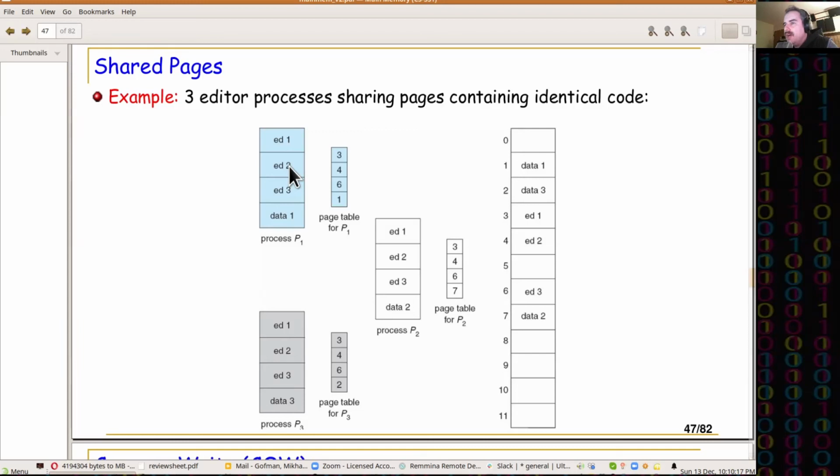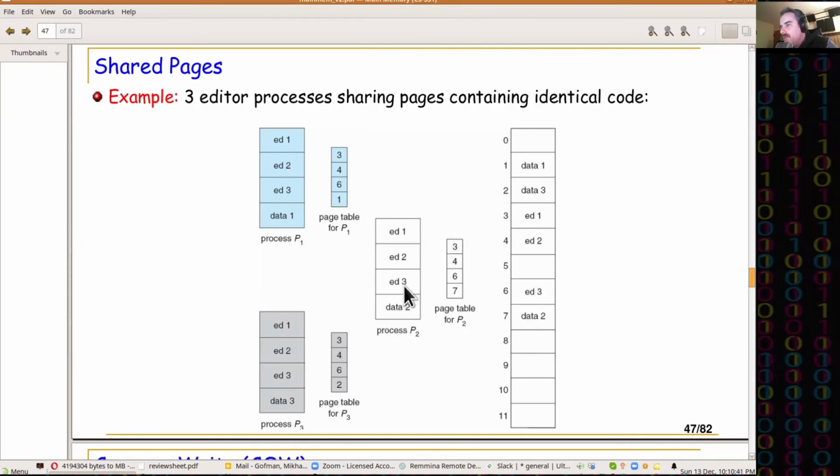Page number 1 of the editor process is mapped to physical frame 4. Page 2 of the editor is mapped to physical frame 6. And you can see the other 2 editors doing the same thing.